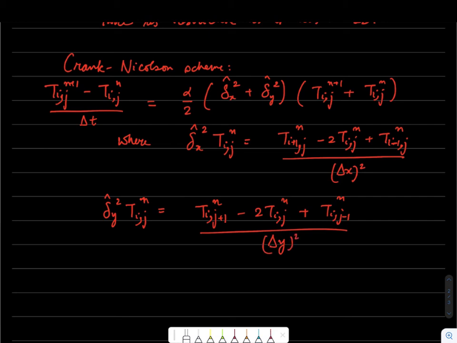So basically delta x hat squared and delta y hat squared are essentially operators which say that if you have a variable T_ij^n, then this becomes sort of like a central differencing operator for the second derivative.